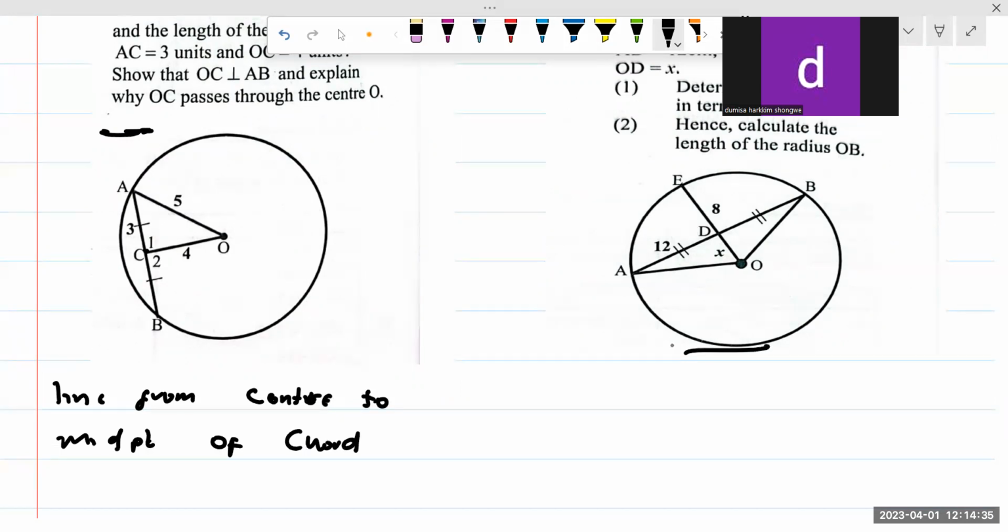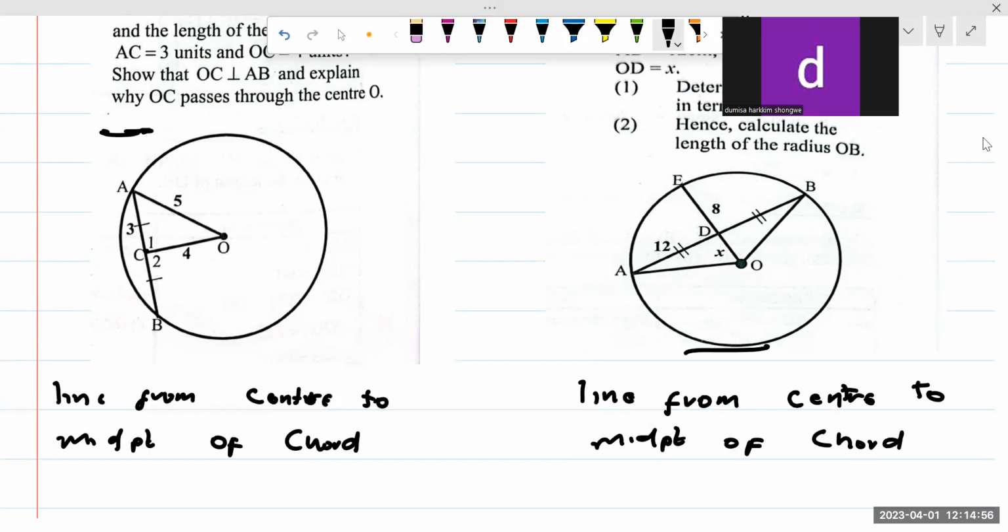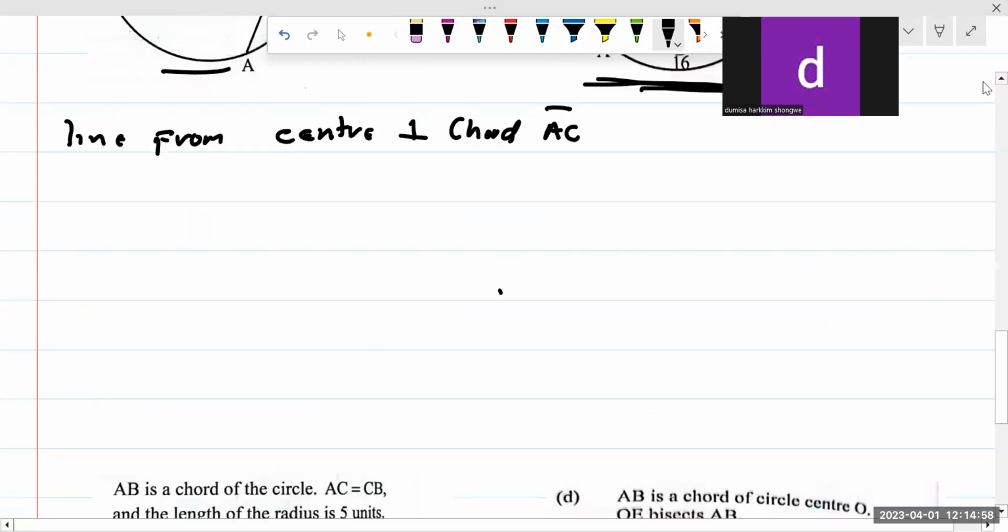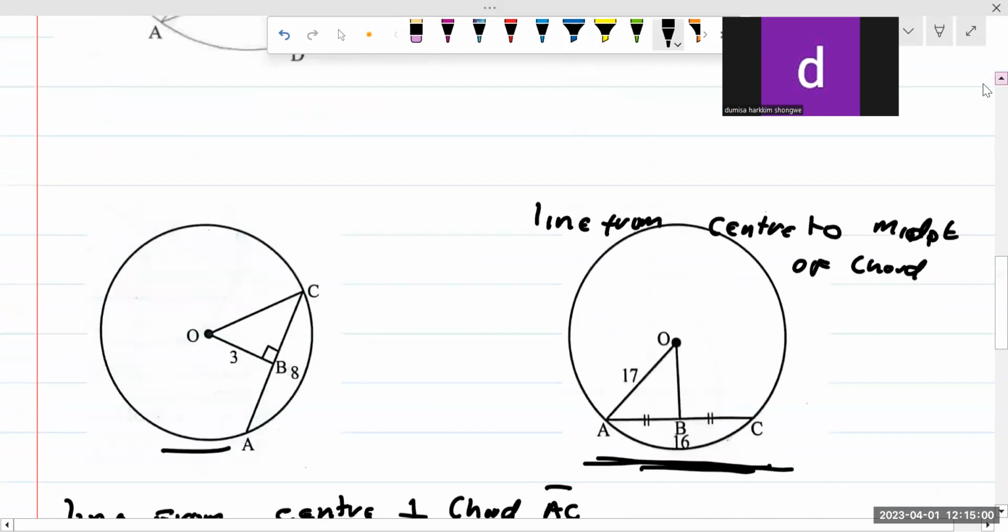Okay, let's look at this one here. What do you have here? Line from the center to the midpoint. So here again, you're saying we have the line from center to midpoint of the chord. Now, if we look at the following, let's look at this one here.